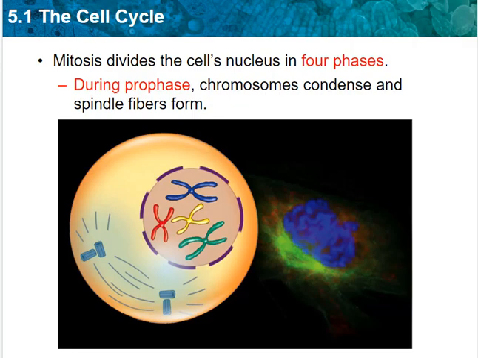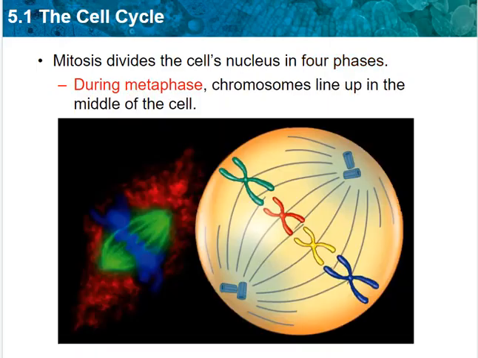This diagram shows on the left a cell in prophase. On the right, it's an electron microscope picture of the cell in prophase. The dark blue are the condensed chromosomes. The green is the spindle fibers. And in this photograph, you can't see the cell membrane.